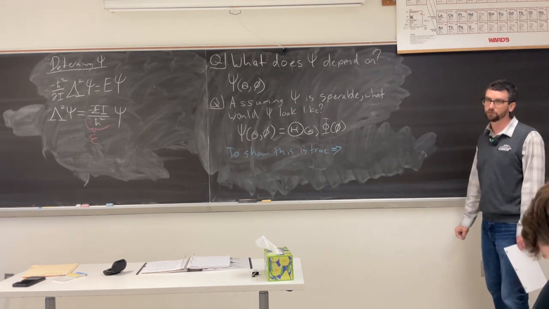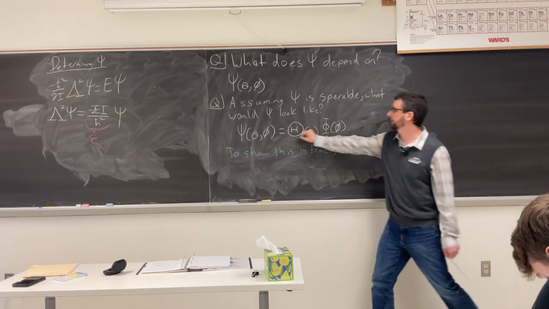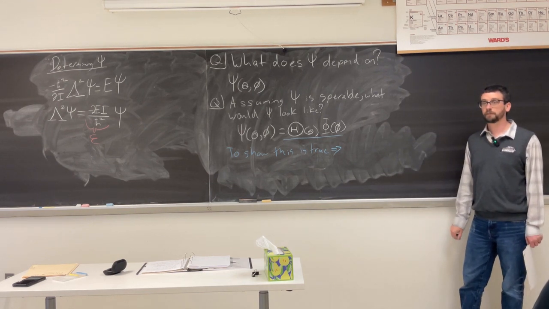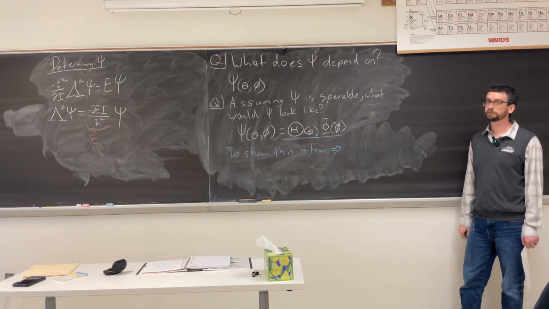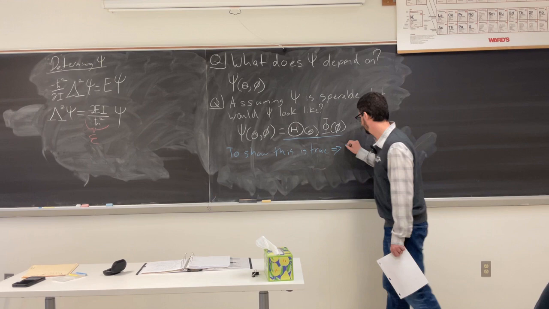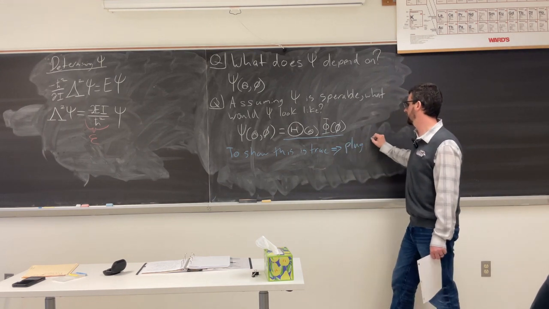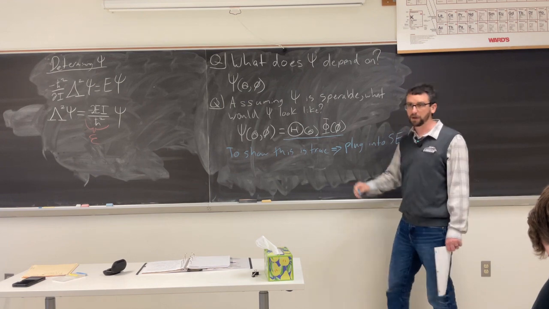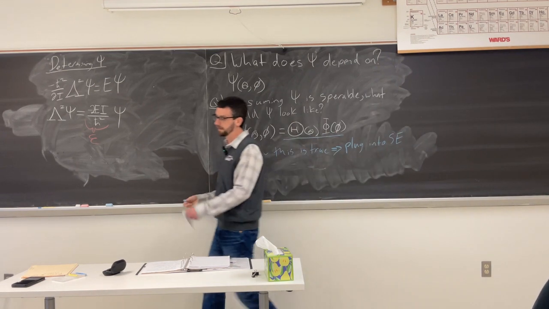What should we do with these things, at least for our specific system? Yeah, we've got to plug it into the Schrodinger equation and show that, in fact, we can separate things out.